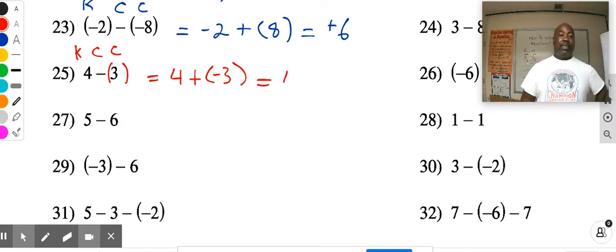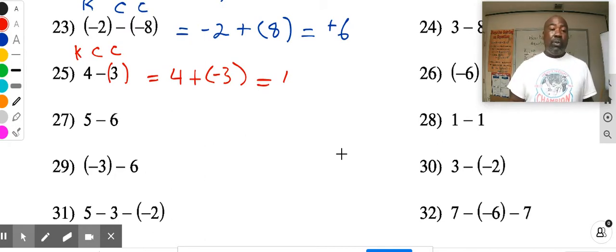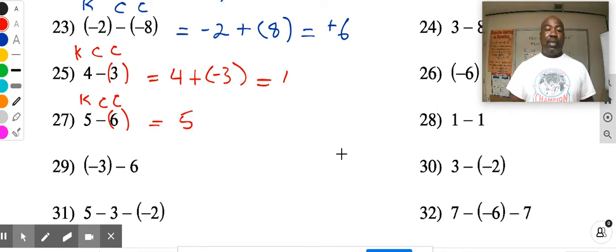Now, if you take a look at this right here, what we could do is just keep the sign, change the operation, and put this in parentheses because this is a positive 6. Keep, change, change. And now this is just equal to 5 plus negative 6 equals negative 1.